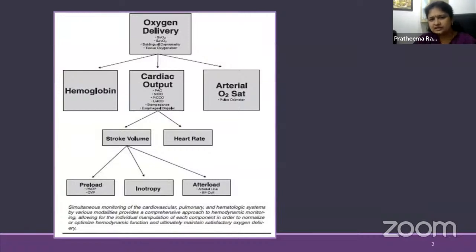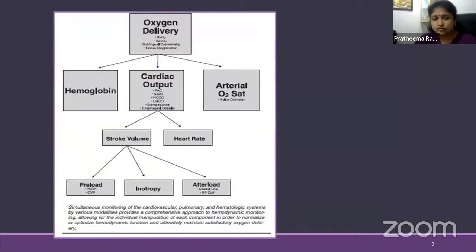If we break them into small parts, we know the hemoglobin we can just measure once every day, that is okay. Or if the patient is bleeding, we can measure it every eight hours. We don't need to keep monitoring it every minute. And we have oxygen saturation monitors like the pulse oximeter. We just put the clip around the patient's finger, so oxygen saturation is continuously monitored.